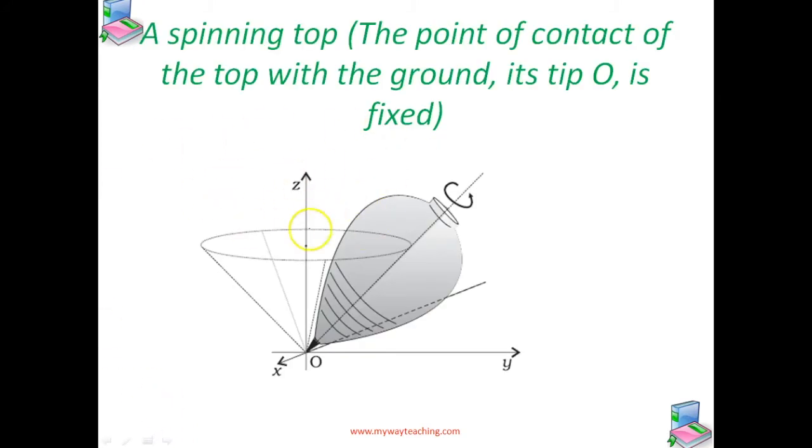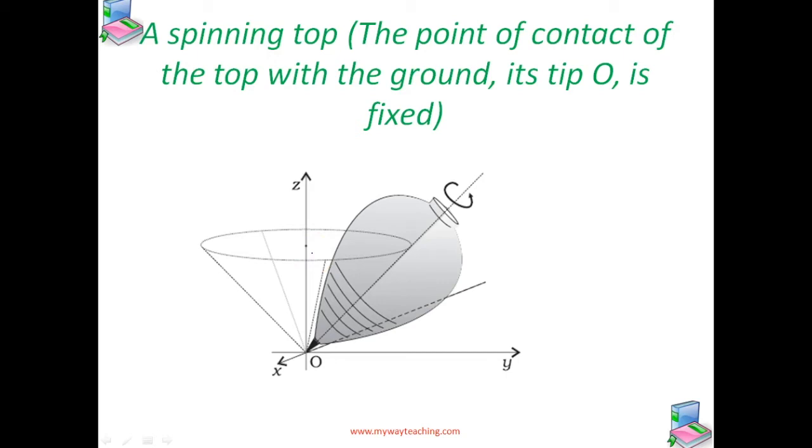See, a spinning top. The point of contact of the top with the ground here is O, its tip, and it is fixed. But the axis is not fixed. It continuously rotates, but the axis is not fixed here.